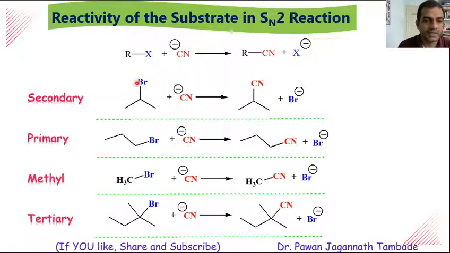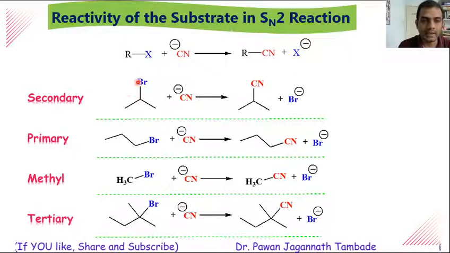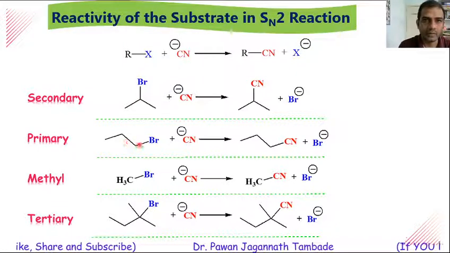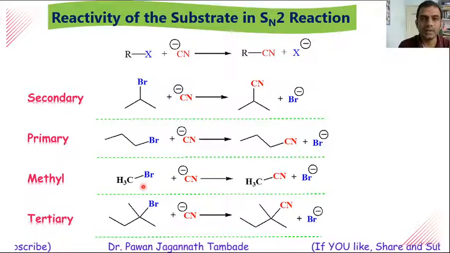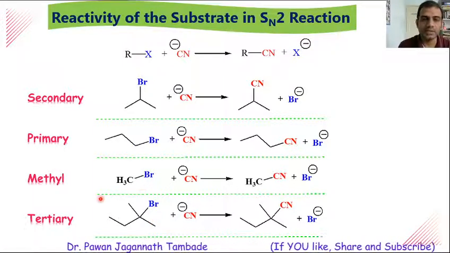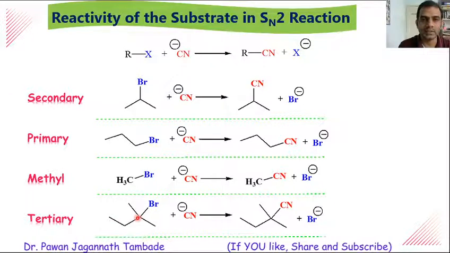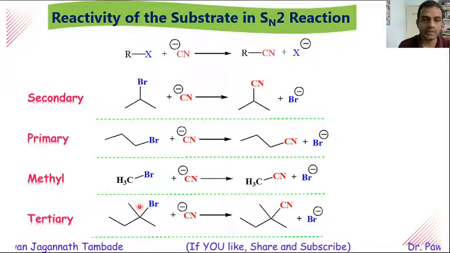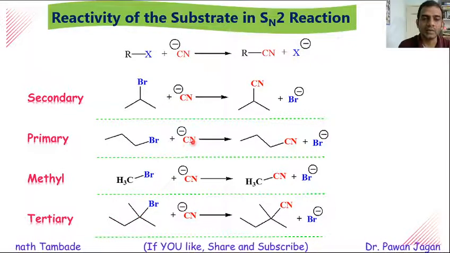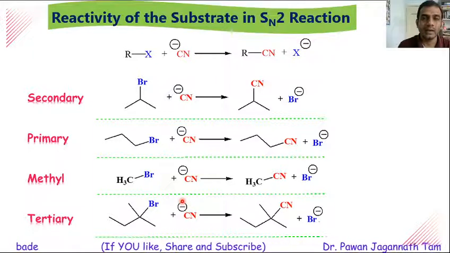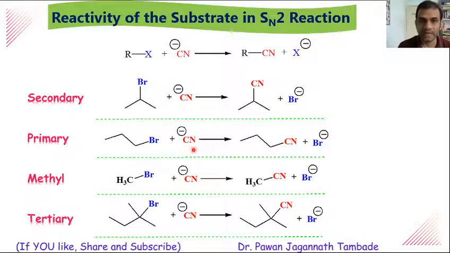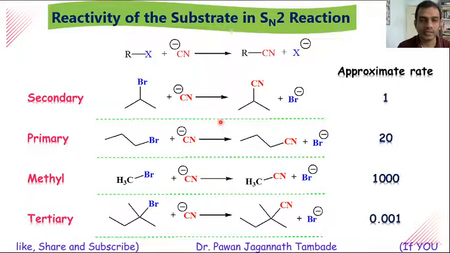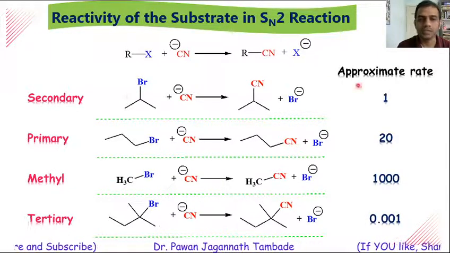In the first case, we have a secondary alkyl halide as a substrate. Here, we have a primary alkyl halide as a substrate. Here is methyl bromide as a substrate, and this is a tertiary alkyl halide as a substrate. When these starting materials are allowed to react with the same nucleophile, we measure the rate of reaction, and it has been observed that the approximate rate of reaction for the secondary alkyl halide is, suppose, 1.